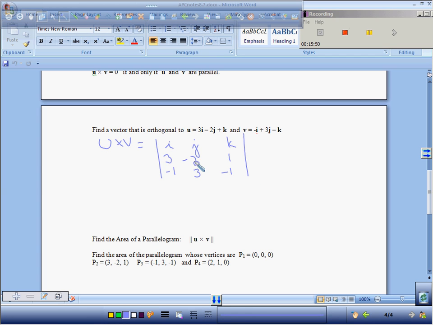Negative 1. Everyone see where we got negative 1? Negative 2 times negative 1 is positive 2, minus 3. So you get negative I. And then you look at the J, and you cross out this and this. So it's minus, right? 3 times negative 1 is negative 3.